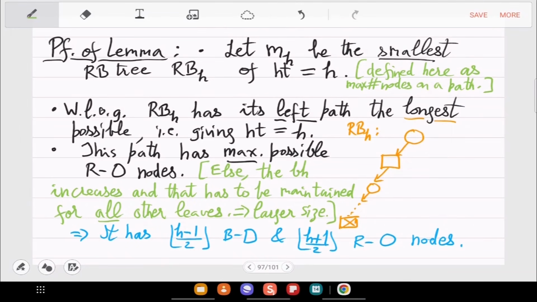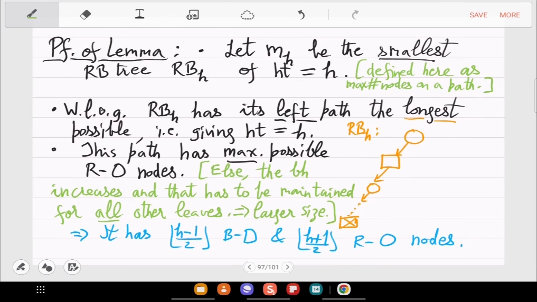Okay, so simply for this diagram, let me just redefine H to be the number of nodes. So number of nodes overall is H, and reds cannot be more than black, and also we want to minimize the size of the tree. So overall, red you can afford H plus 1 by 2 floor, and black the remaining, which is H minus 1 by 2 floor.